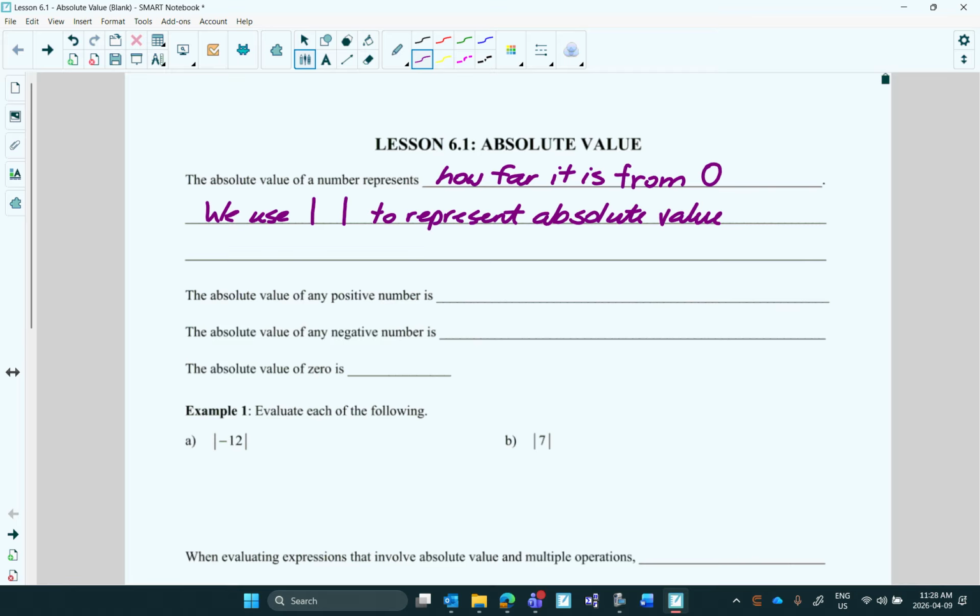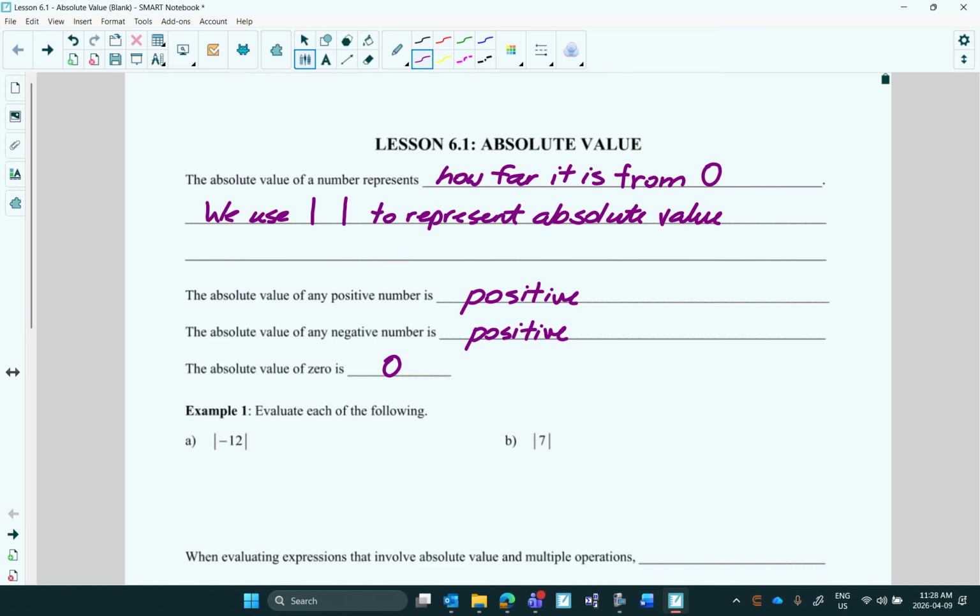And just like we talked about a couple seconds ago, the absolute value of any positive number is always positive. The absolute value of any negative number is going to be positive. The absolute value of 0 is 0.